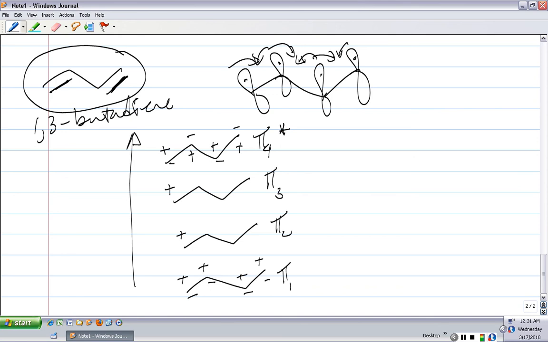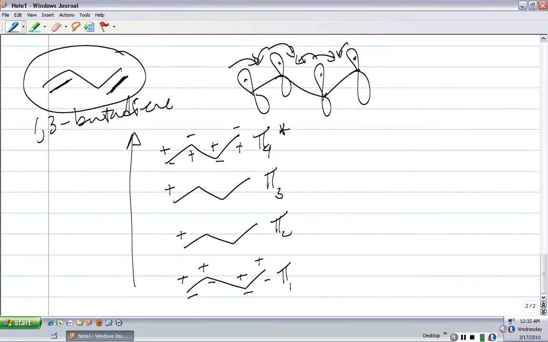A bond cannot exist unless the bonding orbitals are occupied. So it must mean, since there are 4 pi electrons, 1, 2, 3, 4, which exist in 2 pi bonds, then pi 1 and pi 2 must be bonding orbitals, because I need 2 orbitals to hold my 4 bonding electrons.